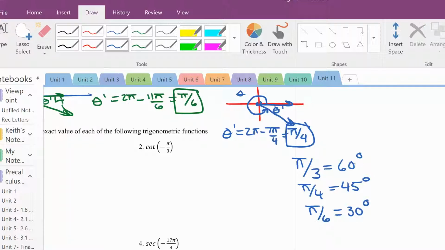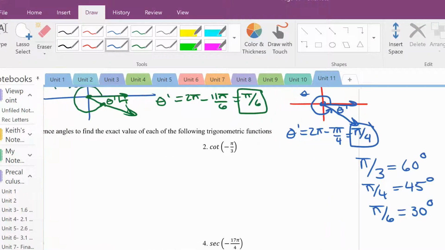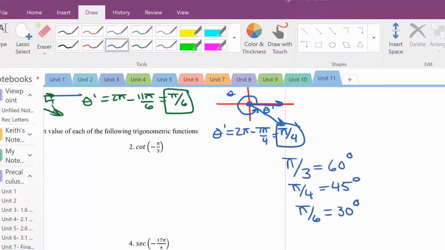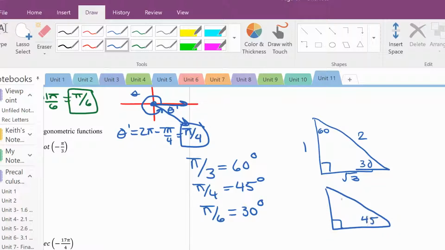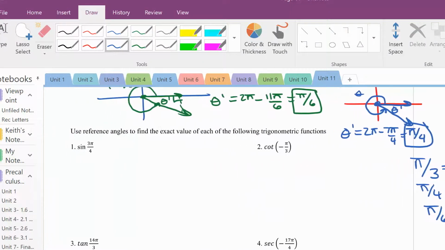So there's our 30, 60, 90, and 45, 45, 90 ratios, because remember, 30, 60, 90. Remember, opposite the 30 is 1, the 60 is rad 3, the hypotenuse is 2. And in a 45, 45, 90, we have 1, 1, and rad 2. So those ratios hold true.